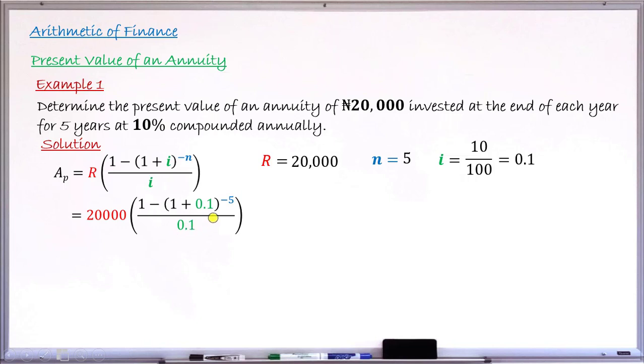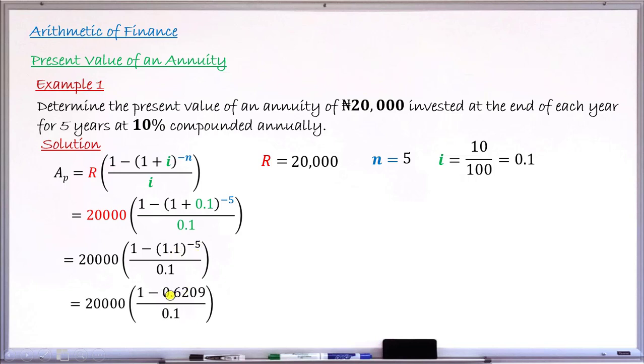So what I'm going to do next, in the small bracket inside this large bracket, is perform the addition. That is 1 plus 0.1, which gives you 1.1. Next, I'm going to find 1.1 raised to the power of minus 5. What will be the value? 1.1 raised to the power of minus 5, if done correctly, will give you 0.6209.